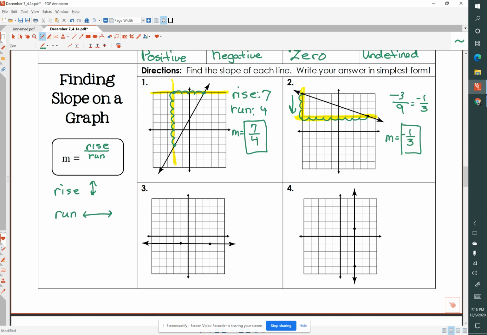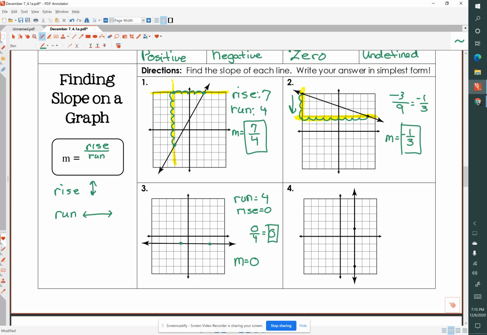Let's do the next one. When we have a horizontal line, look at these 2 points. The run between those 2 points is 4, but we have no rise. The rise is 0. So 0 over 4 equals 0. So the slope is 0, or we can say m equals 0.